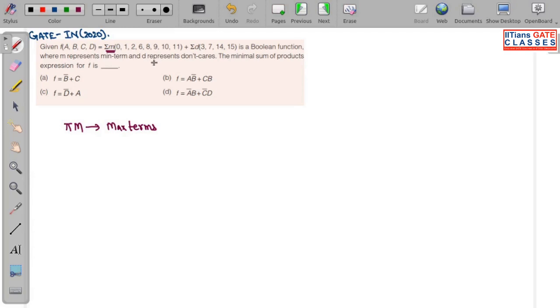This is a very simple question. We just need to draw the K map and then we can get the solution directly.